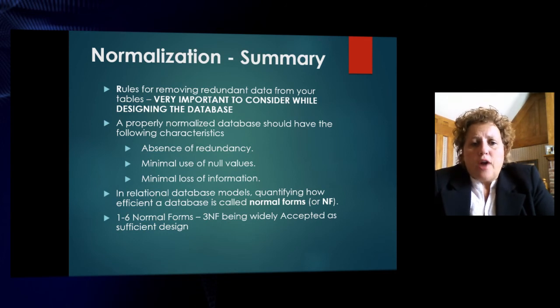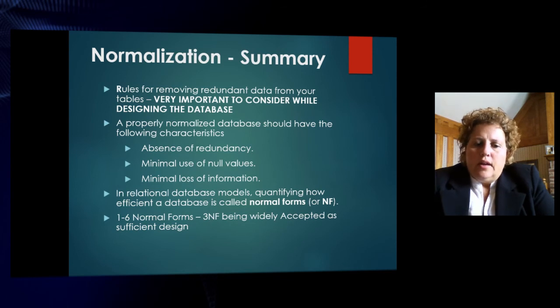Again, a properly normalized database must have the following characteristics: the absence of redundancy, no repeat data, the minimal use of null values, and minimal or no loss of information as processes are run.